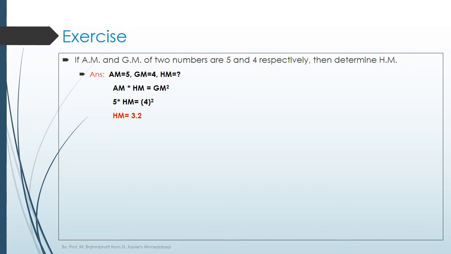According to the question, AM and GM values are given, so we'll put the values into the formula. 5 times HM equals 4 squared. In that case, HM is equal to 16 divided by 5, which equals 3.2. So, in this case, HM is 3.2.